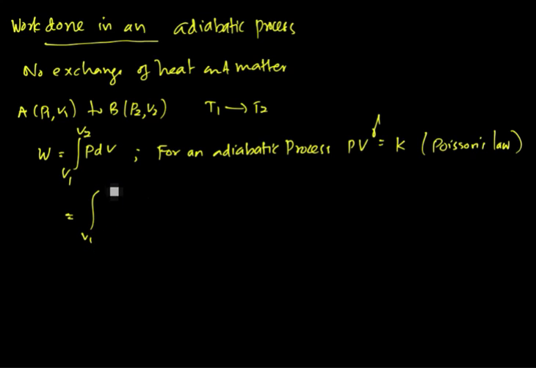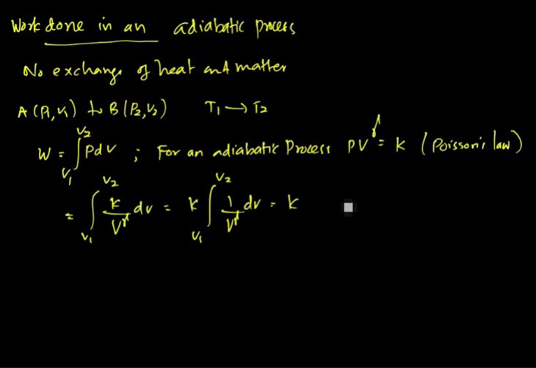So the work done is equal to the integral from V1 to V2 of P dV, and we can write P as K by V raised to gamma. So it is K times the integral from V1 to V2 of 1 by V raised to gamma dV, which is K times the integral of V raised to minus gamma.